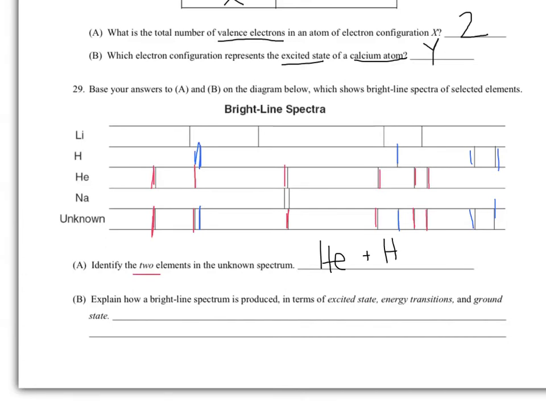Lastly, it asks us, explain how the bright line spectrum is produced in terms of excited state, energy transitions, and ground state. So when I write my explanation, I'm going to include the term excited state and the term ground state, and I'm going to describe the energy transition.